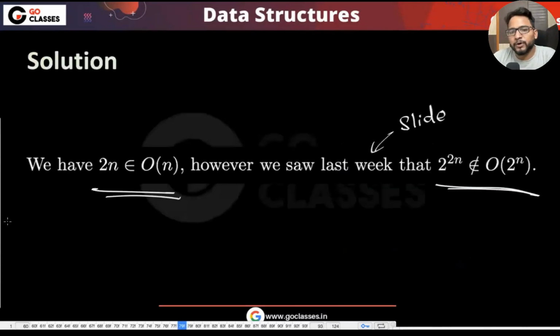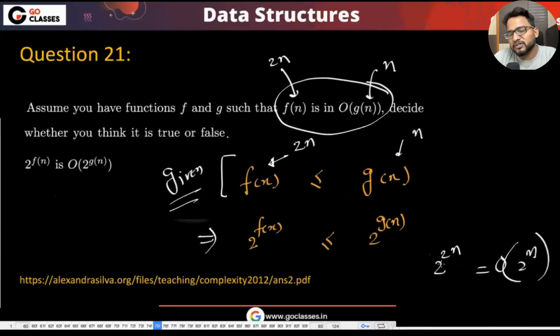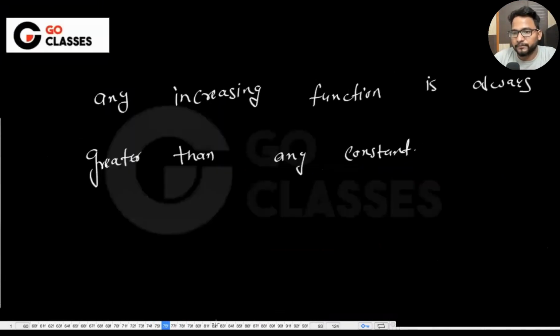In case of an exponent, you have to be very careful about the constant, because it is too much and may change the whole story. But in case of log, constants don't matter, because log of c into n is just log of c plus log of n.